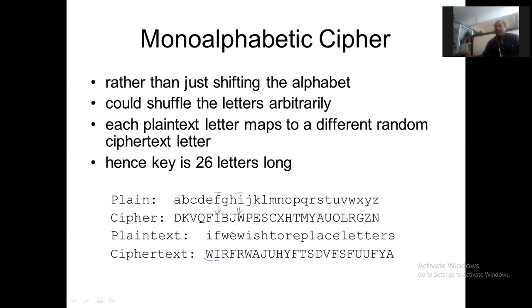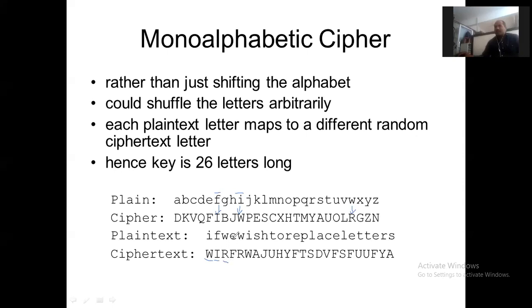Now the next plain text letter is the W. We have to search where the W letter is in the plain text. This is the W, and what is the corresponding letter in the cipher text? R. So here we got the R.